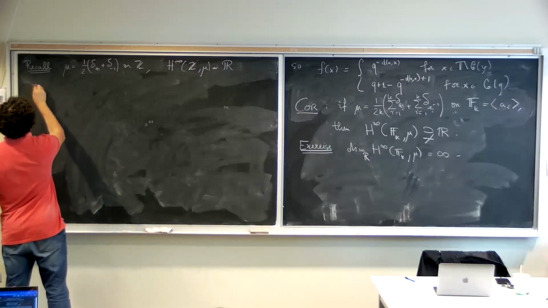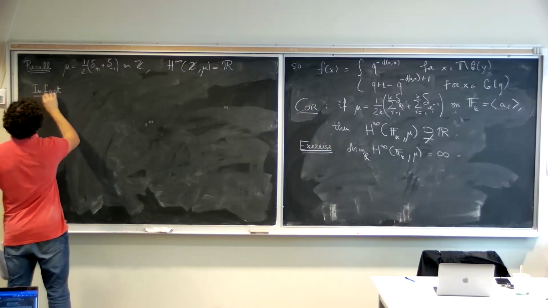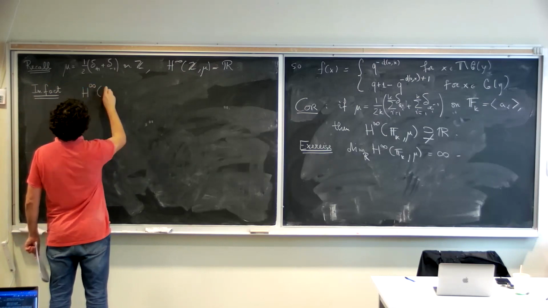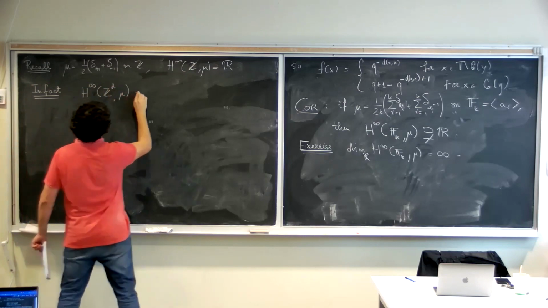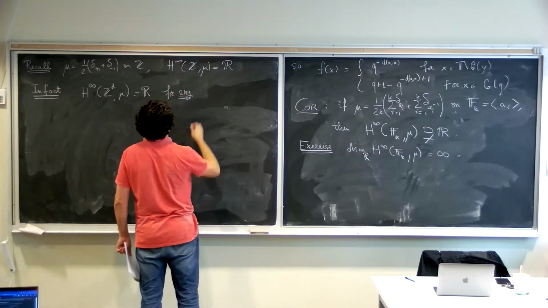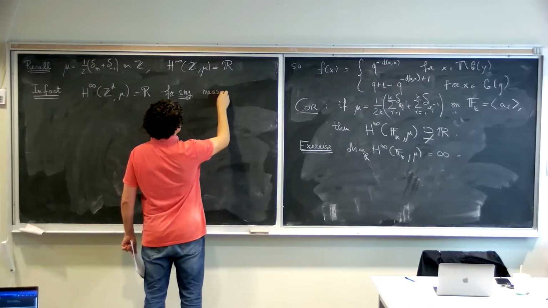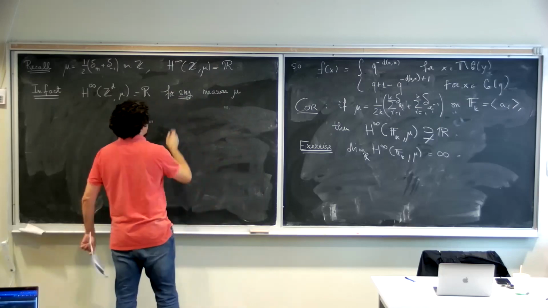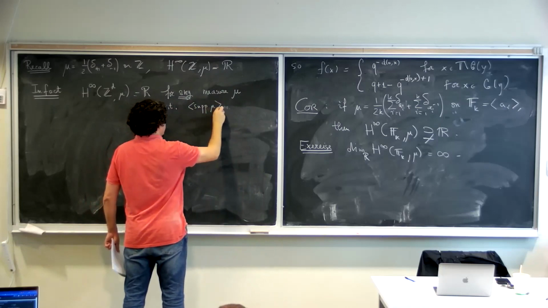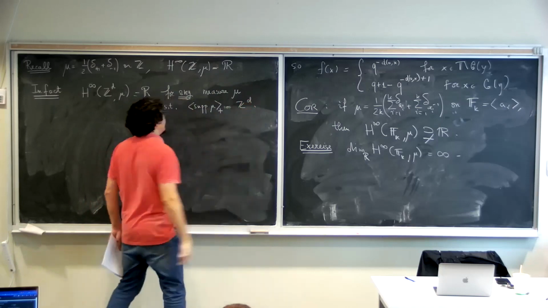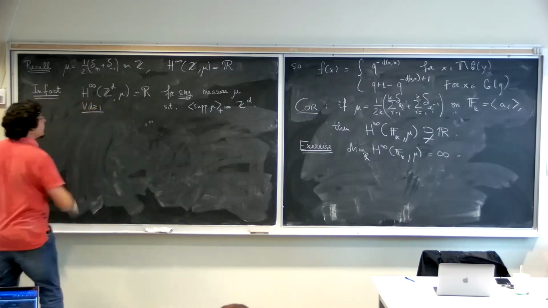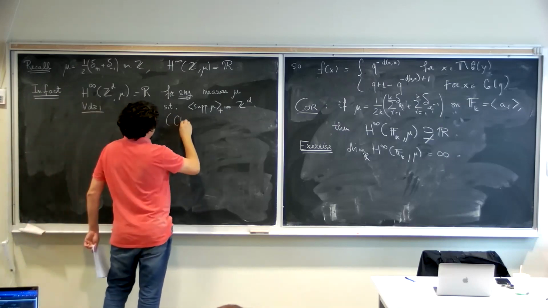In fact, the space H infinity of Z^D, mu is trivial for any measure mu that generates Z^D, such that the semigroup generated by the support of mu is Z^D, for every D. This is a theorem of Choquet-Deny.